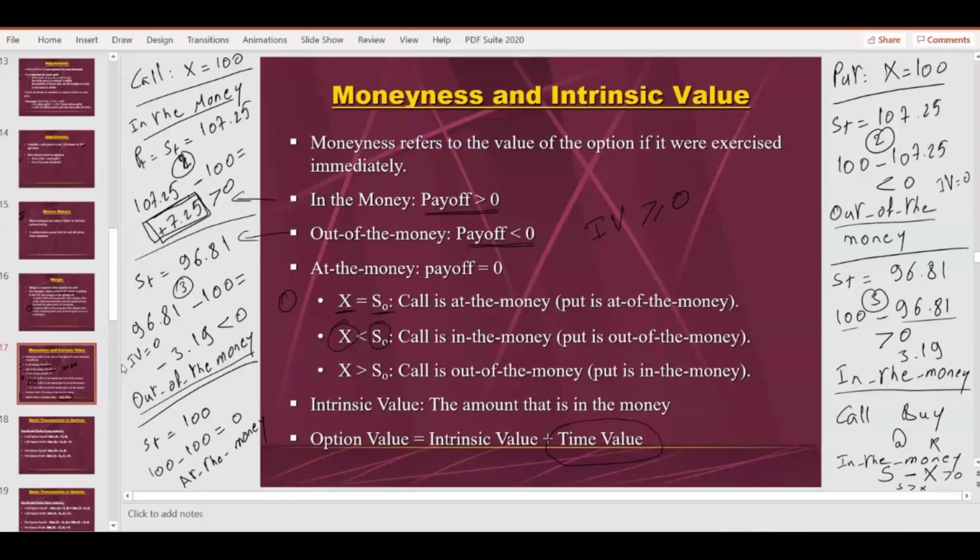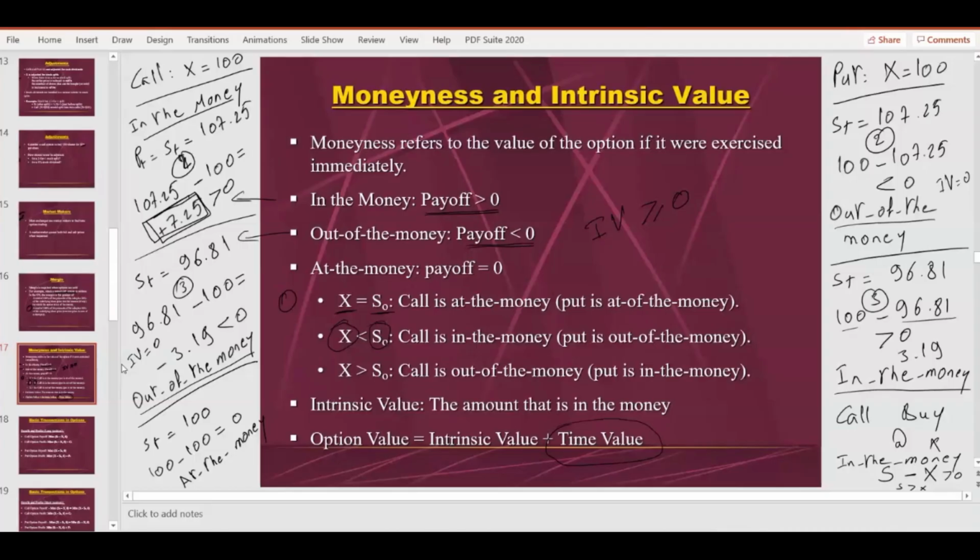So the longer the time to expiry, the higher the expected volatility in the stock price. So the stock price can increase further to benefit, let's say, a call option holder, or it can decrease further to benefit a put option holder. And the longer the time value of the option, the higher the option value.